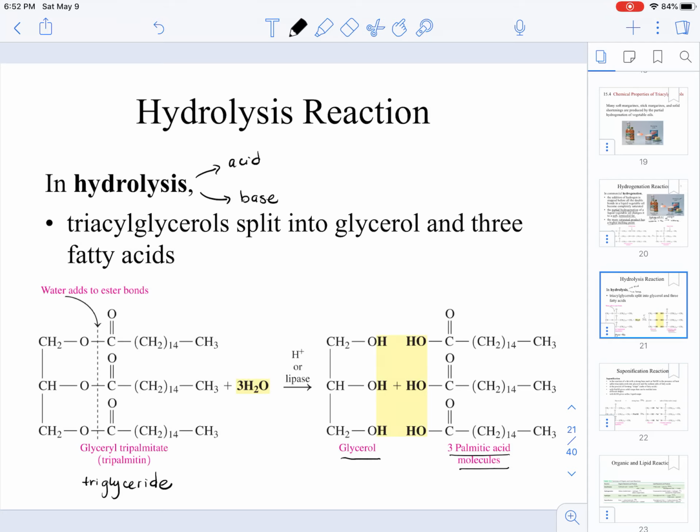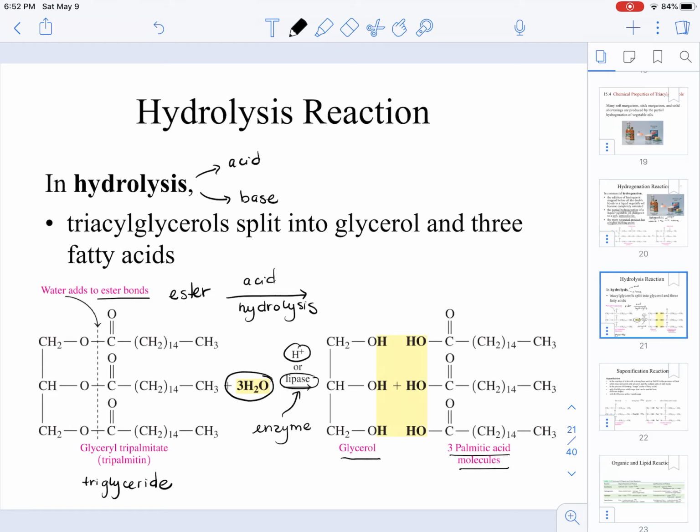Remember, this is not chemistry that is new. Remember that in this molecule, we have ester bonds, and we learned in chapter 14 that if you have an ester that undergoes acid hydrolysis, because we're reacting with water or acid, or we have an enzyme, and we're going to be studying enzymes in the next chapter.